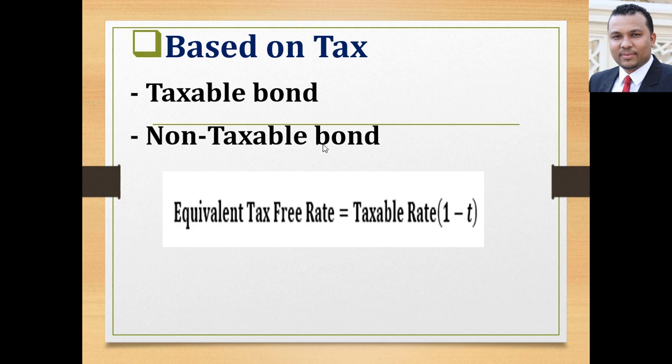In general, municipal bonds are tax-exempt, or free of any tax. The municipal bondholder makes no payment for any tax because this bond is tax-free. But on the other hand, corporate bonds are taxable bonds.